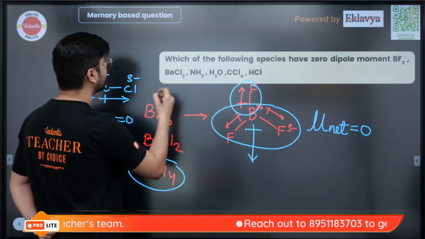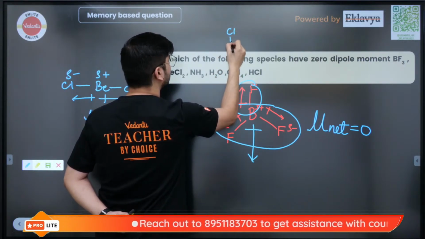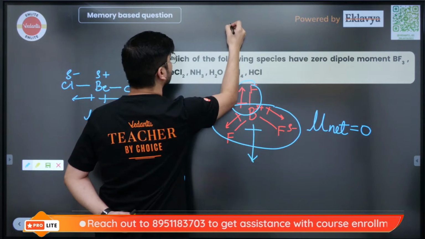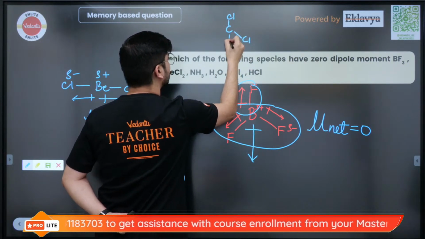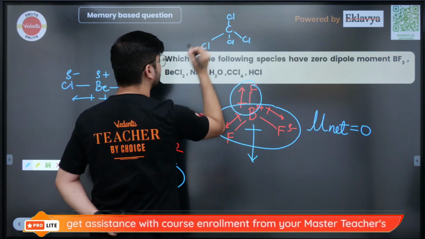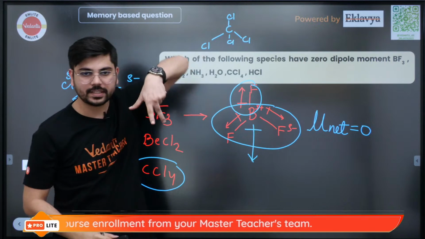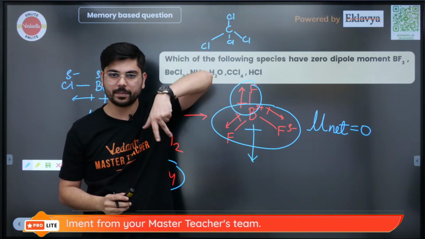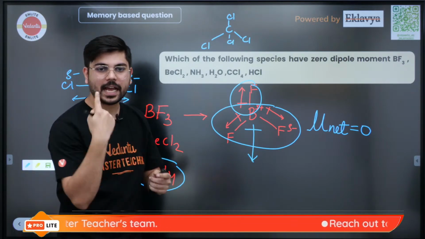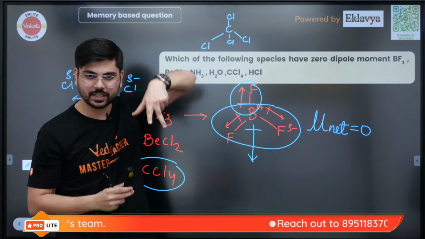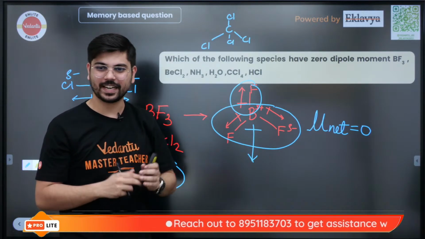Now CCl4 is like this. Okay, so this is Cl, Cl, Cl, and then Cl. Now you all have to agree with me that the 3 Cl, they are like this in the pyramidal form, right? So don't you think the net dipole moment would be downwards from these 3? It would be like this, right?